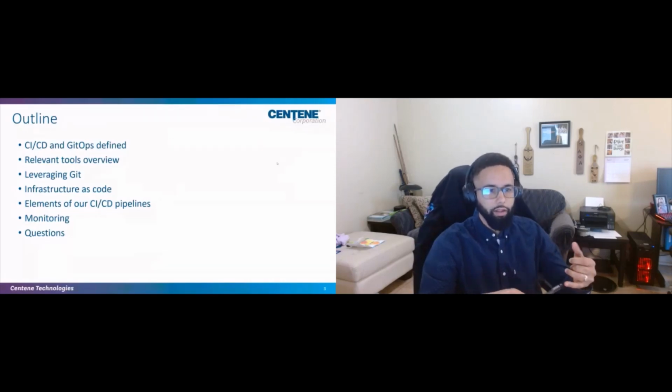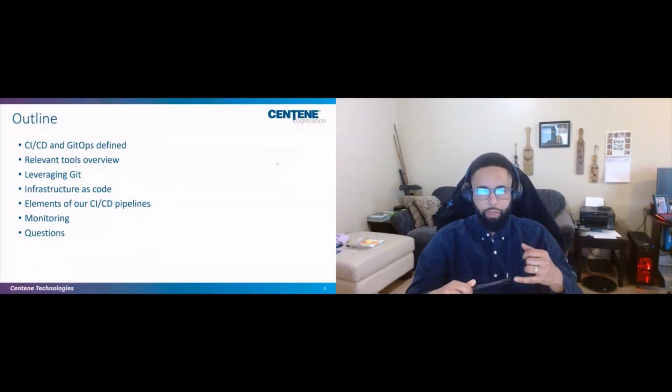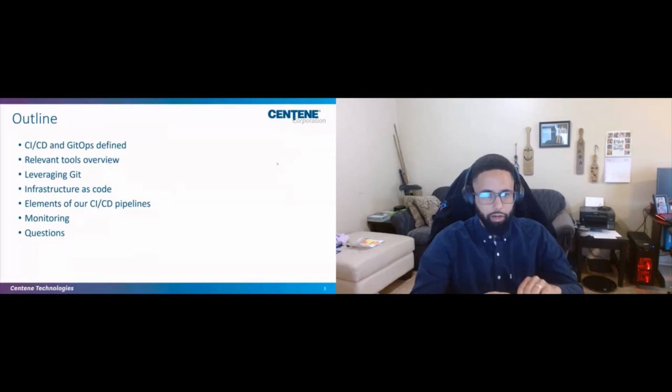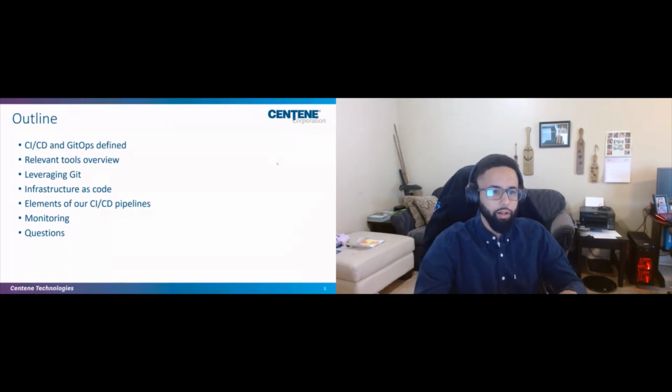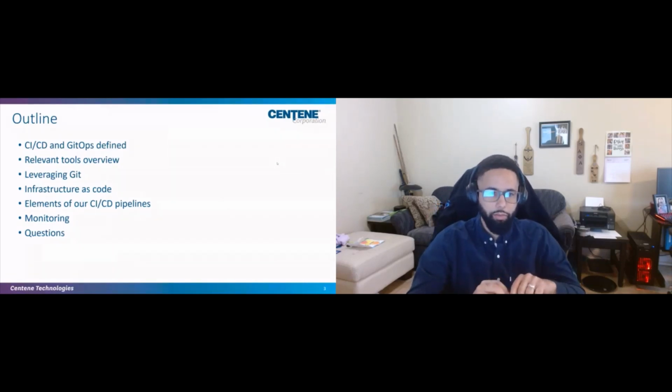So today, here's an outline of what we'll be talking about. I'll first start off by defining exactly what CICD and GitOps are. I'll talk about some of the tools we use for building out our platform. I'll talk a little bit about Git and how we use Git in a production platform.